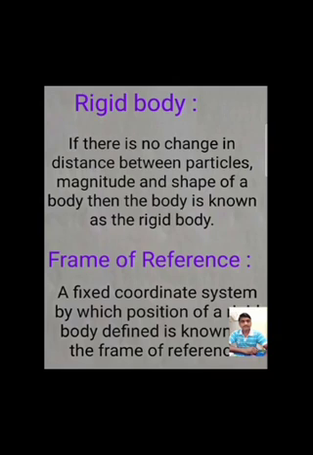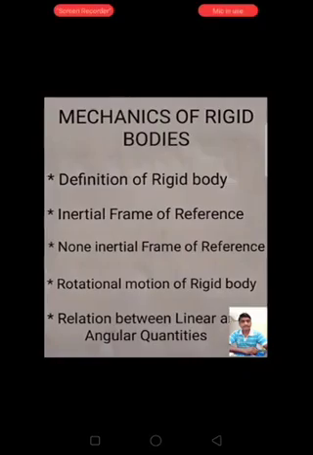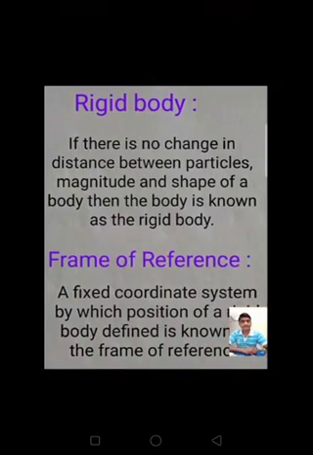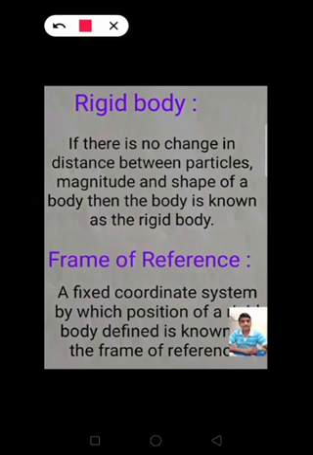So the definition on the screen is: if there is no change in distance between particles, magnitude and shape of the body, then the body is known as a rigid body.